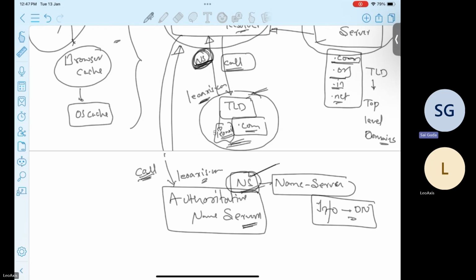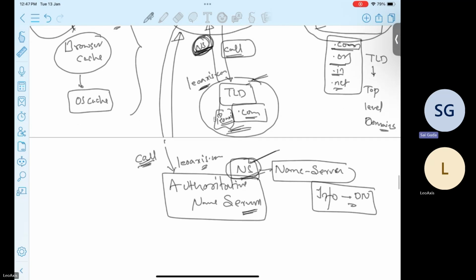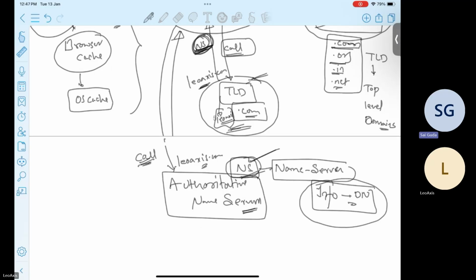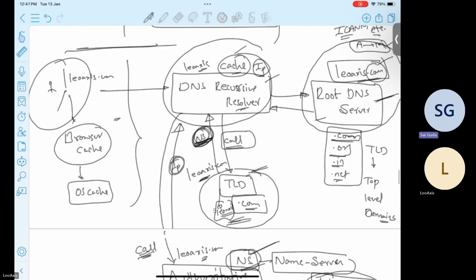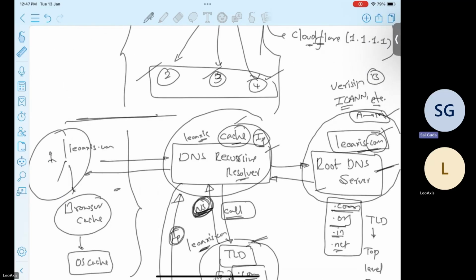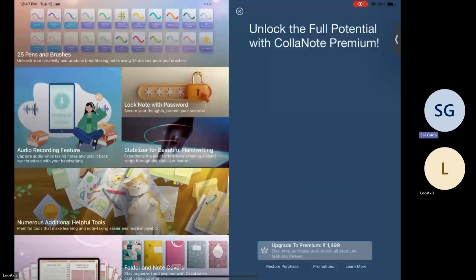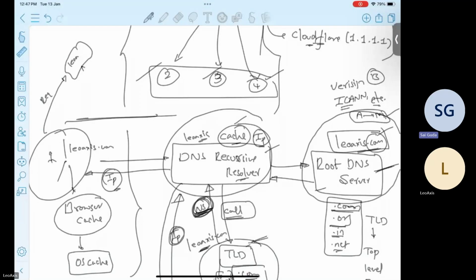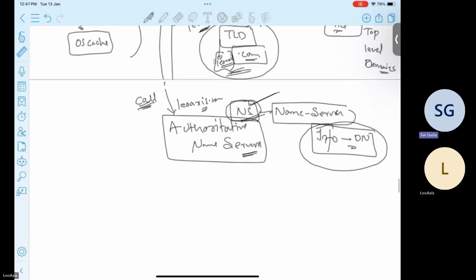The authoritative name server checks its files and returns the respective IP address. The recursive resolver then provides the IP address to our system. Using that IP address, our system initiates a request over the internet to the respective server where the LeoAxis website is running. I hope it is clear.